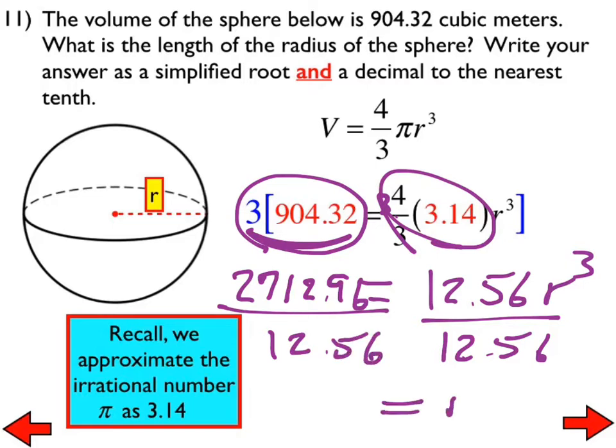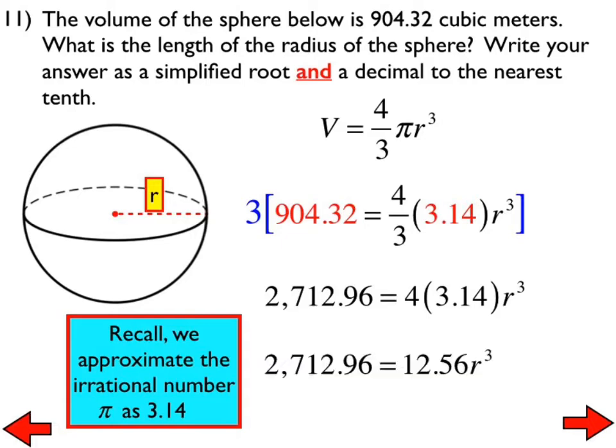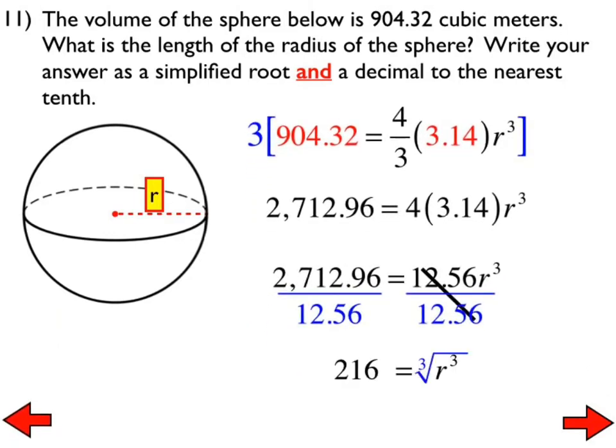And then you're going to have r cubed equals, I believe it's 216. And then we take the cube root of both sides, and we can see that the radius should be 6. So we're going to work a little bit more on finishing up this idea right here tomorrow to clear it up a little better. So once again, the radius should be 6 meters.